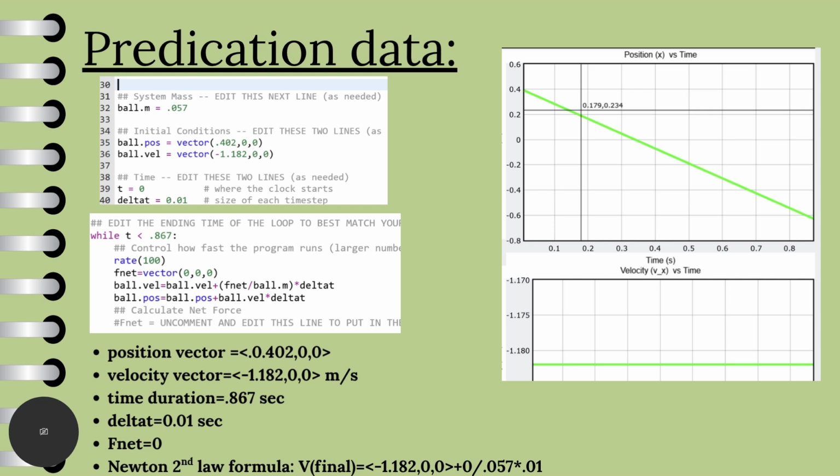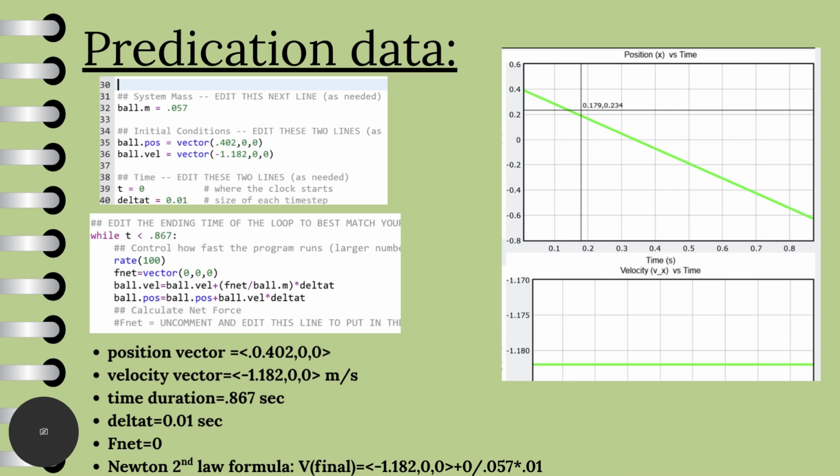And so in order to get our predicted data, we used a coding algorithm to produce the graph shown to the right here. We just inputted the position vector, the initial velocity, delta t, and then also the stopping point, so it just ends at the same time the ball was out of the video frame.